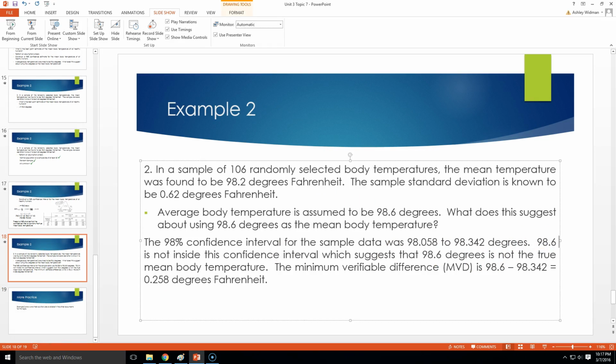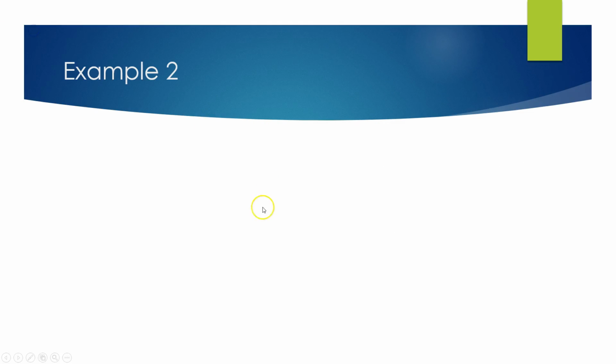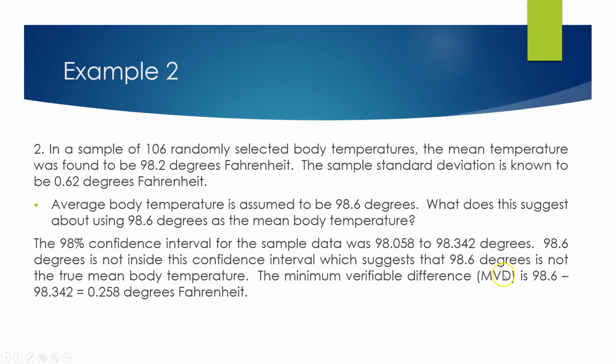So we decide that that is not a realistic mean temperature. So what we do say is that 98.6 minus 98.342, which is the closest number to that value, is 0.258 degrees Fahrenheit, which is MVD, which is the minimum difference that we're saying 98.6 is based on our sample data.